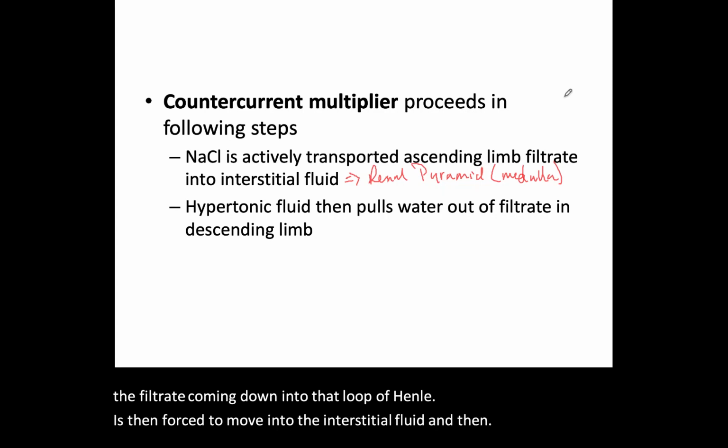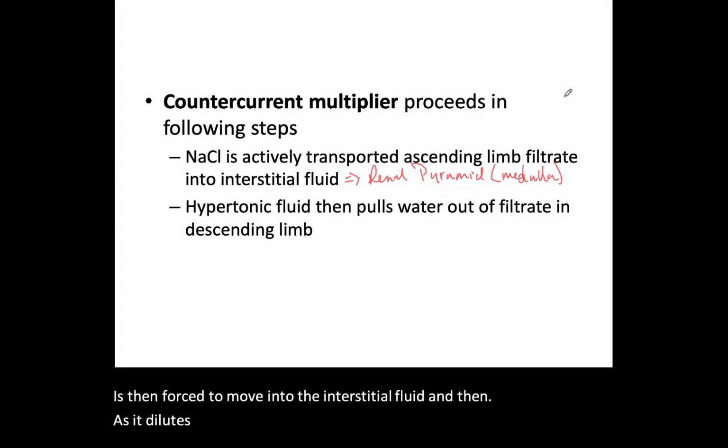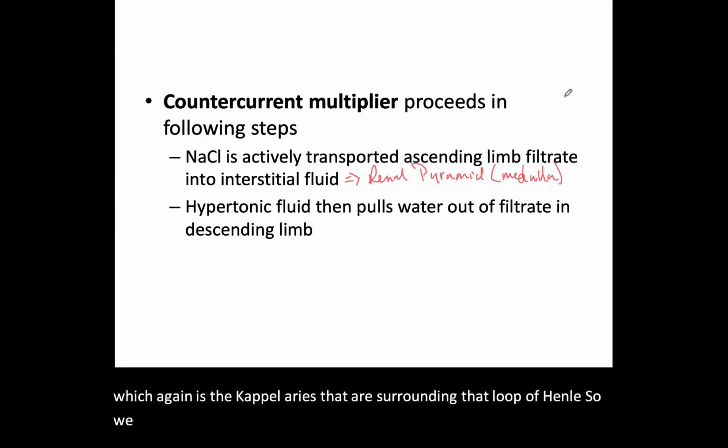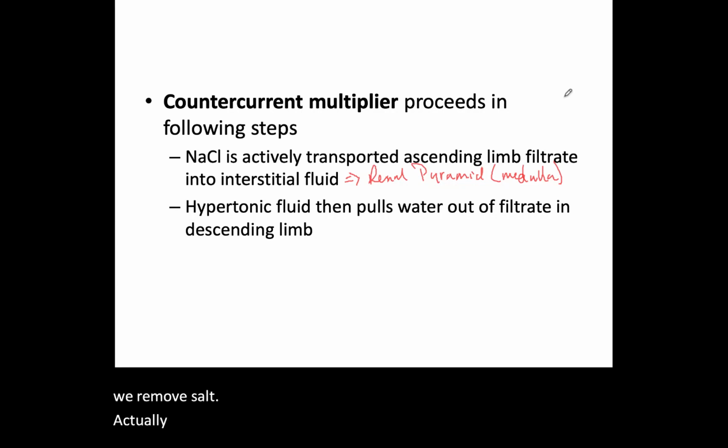as it dilutes the salt, that water then moves back into the vasa recta, which again is the capillaries that are surrounding that loop of Henle. So we remove salt on the ascending branch of the loop of Henle.